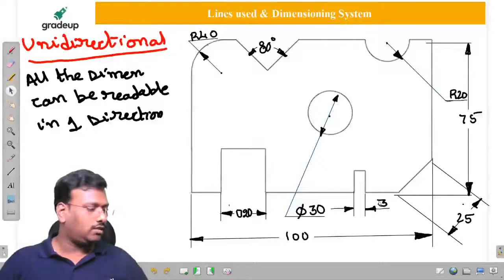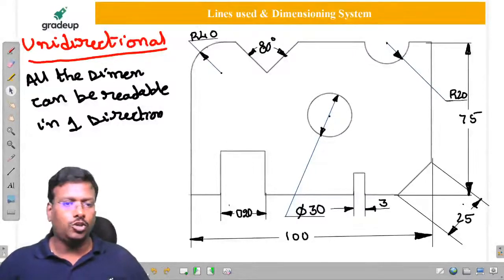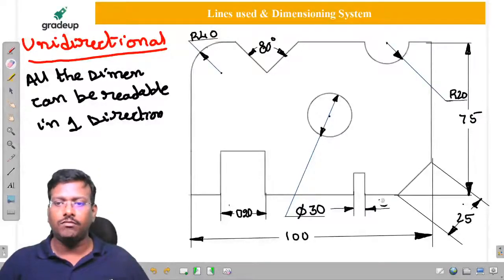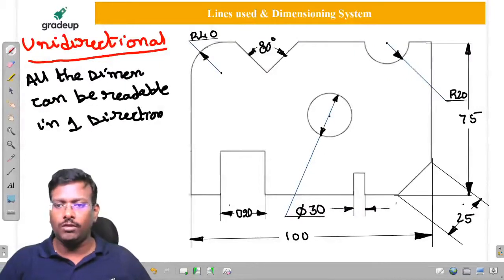One second, my dear friends. Okay. So it should not be above the line. We should draw it beside the line. So here we have to draw 3 like this.